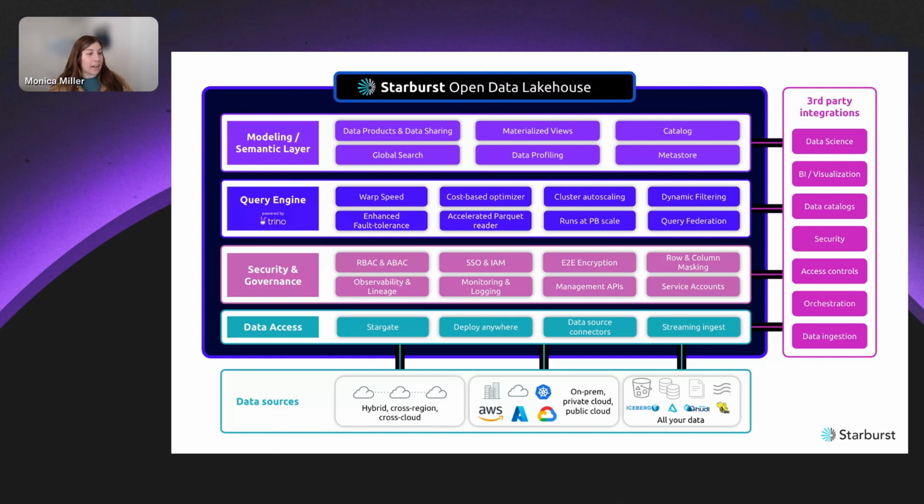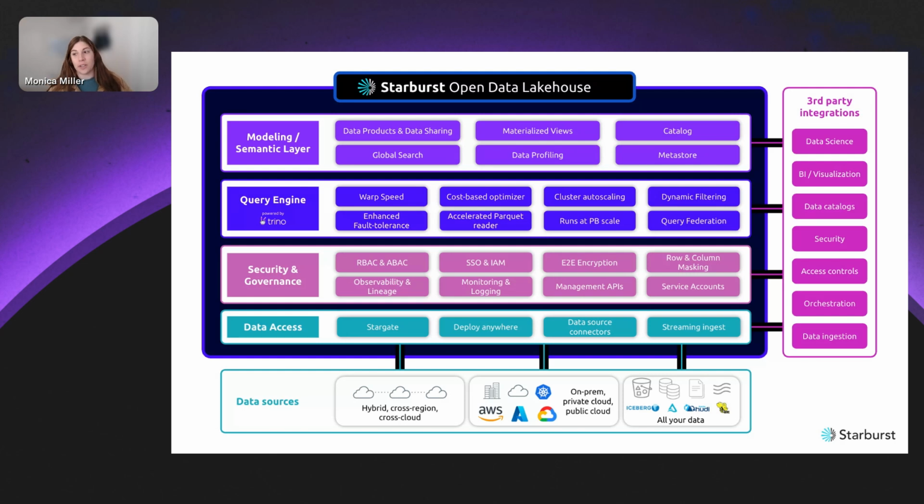That's just kind of at the data access layer. We also have streaming ingest and file ingest, which allows you to just ingest your data through S3 or through Kafka, Confluent, MSK, anything that you need. We also have all of that security and governance wrapped around it, like access control. We have lineage and observability, which we'll look at today, end-to-end encryption, monitoring and logging, row and column masking.